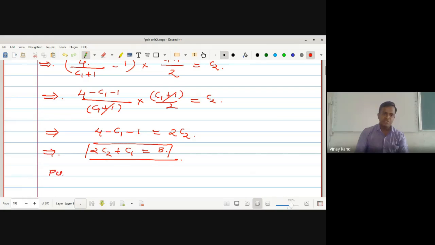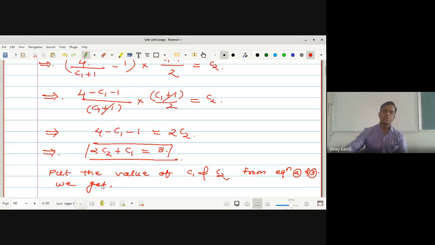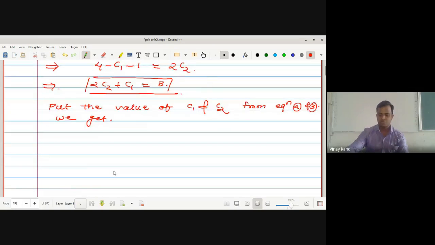Now put the values of c1 and c2 here, from equation 2 and 3. u of xyz is nothing but c1, which is 1 upon x minus 1 upon y, plus 2 into c2, which is v of xyz, 1 upon y plus 1 upon z, is equal to 3.